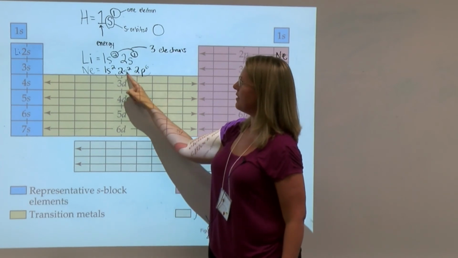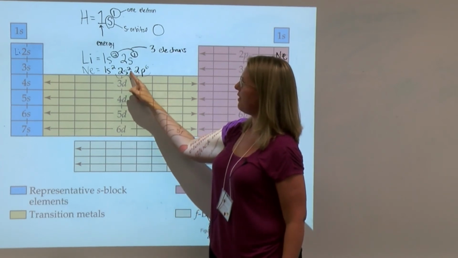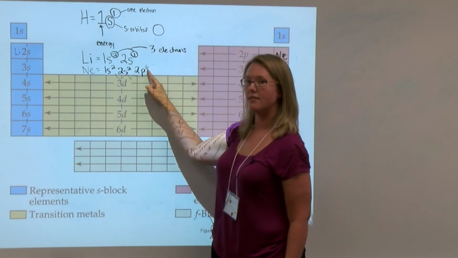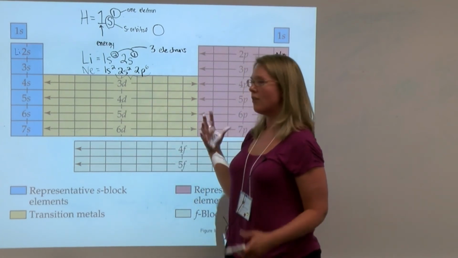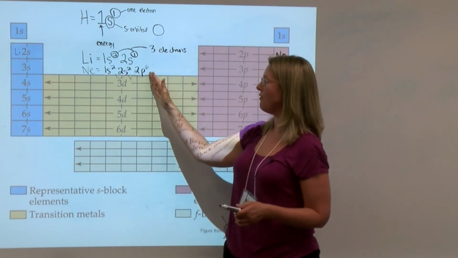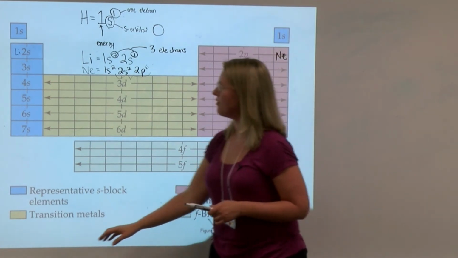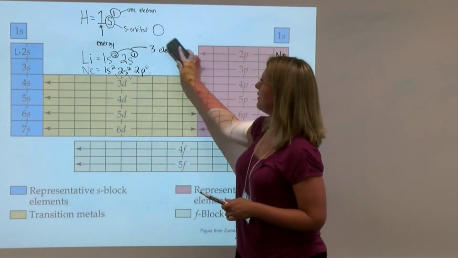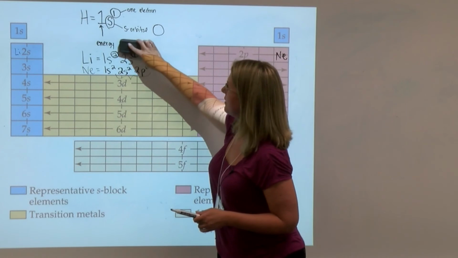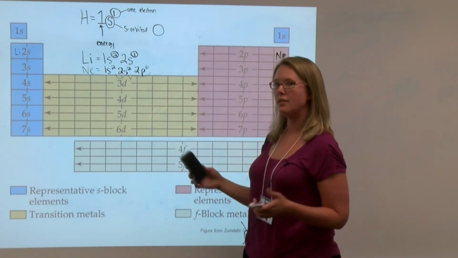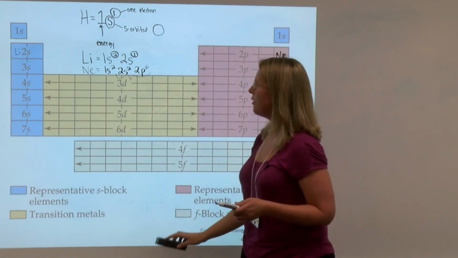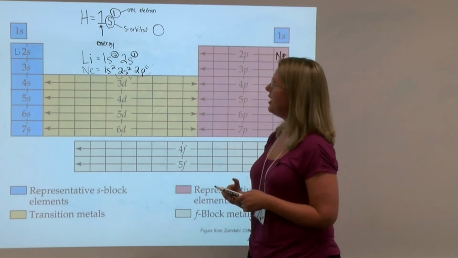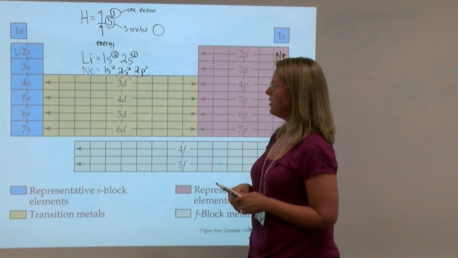How many valence does neon have? It has 2 plus 6, that's 8. And you may have heard the octet rule. And so this is a full valence shell for neon. And that's why those elements in that column are called noble gases, because they have full valence shells and they don't react. Okay, so this is electron configurations.